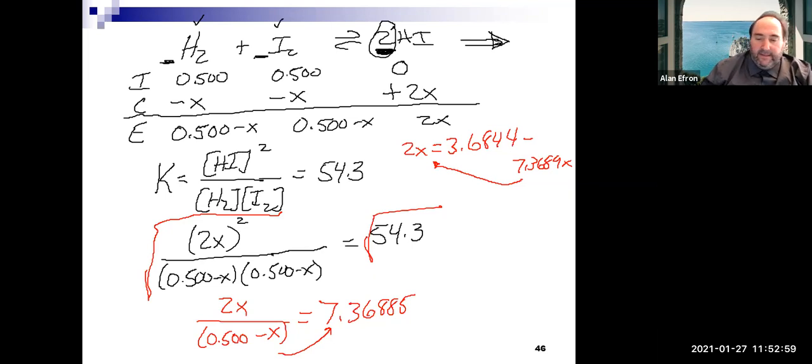And that's going to give us, we'll round a little bit, 9.3689x is equal to 3.6844. Dividing that by 9.3689 gives us an x value of 0.393. Any questions on that math there?